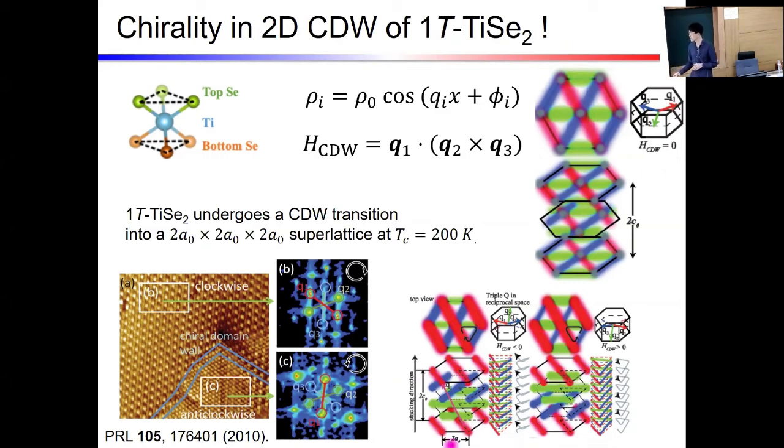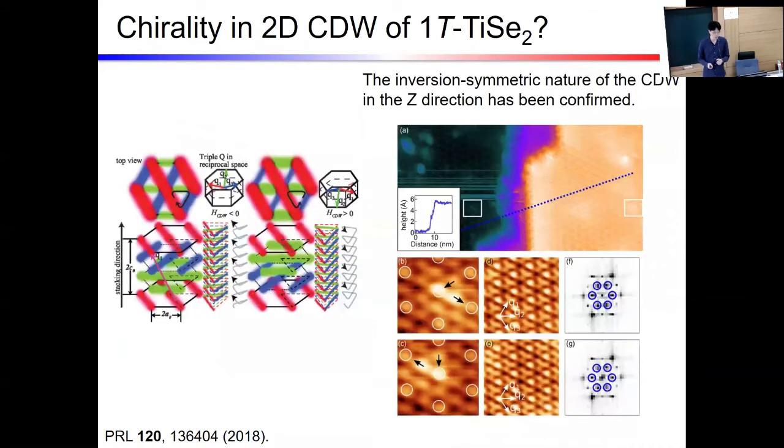So start with the red, then green, blue, in this order. The other order is the opposite order: red, blue, green. So they distinguish this as chiral. So they claimed their first observation of chiral order in a charge density wave system. But later there was some debate.